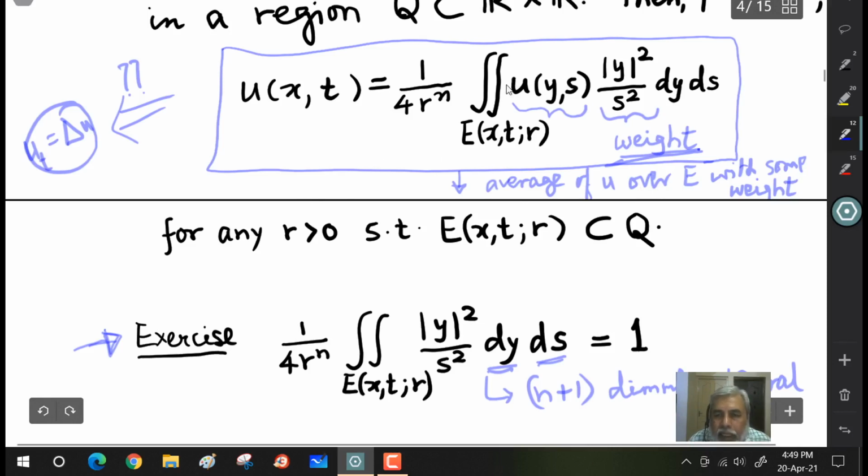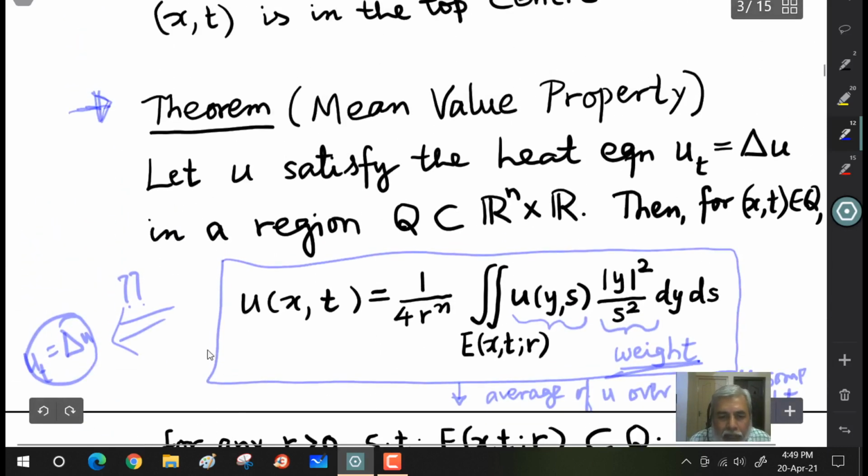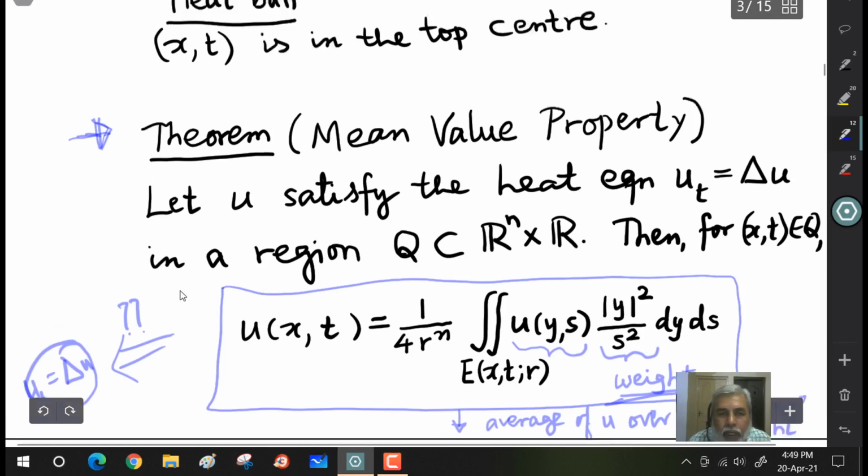So this is indeed an average. And the mean value property says that this u(x,t) is equal to this. The proof is simple but lengthy and involves many computations.